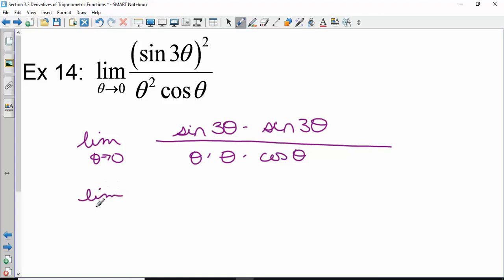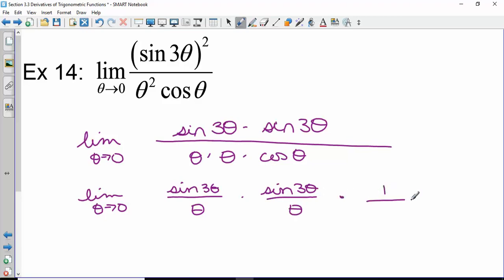So what should we do? Split the fractions. So we have a sine 3 theta. We need that to be over 3 theta, so I'm going to keep one of the thetas with it. I have another sine 3 theta. I'll keep the other theta with it. And then I have a cosine theta on the bottom.